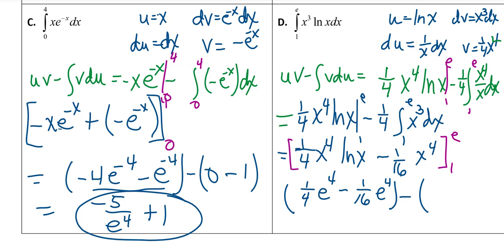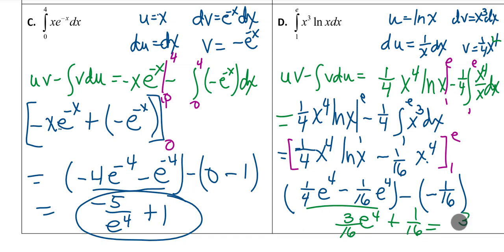And of course, ln of 1 is 0, so that first term will disappear. So then we'll have a negative, we put 1 in for x there, a negative 1/16. Okay, so simplifying this, we get our final answer. Combining these, they're like terms. 3/16 e to the fourth plus 1/16. And if you want to write it this way, 3e to the fourth plus 1 over 16, you sure can.